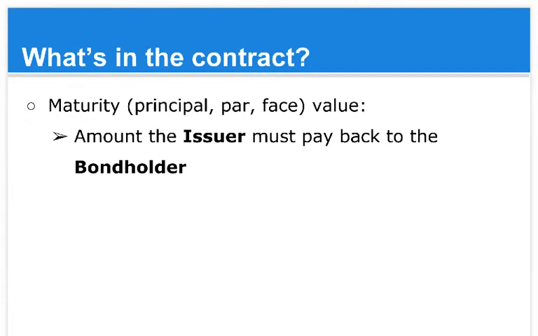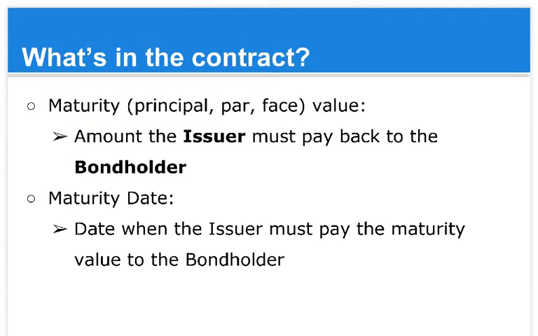This is the amount that the issuer must pay back to the bondholder. Next, we have the maturity date, and the maturity date is defined as the date when the issuer must pay the maturity value to the bondholder.